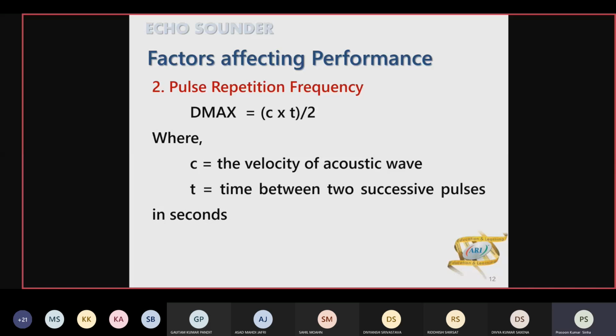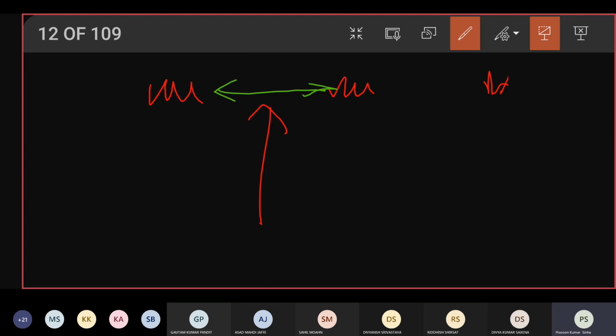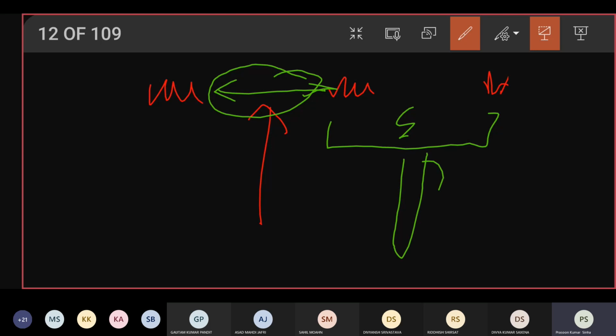Here what it is saying, that if one pulse is there, then second pulse, then third pulse. The time between two pulses will decide the maximum depth. This is the time available for the pulse to go down and come back.